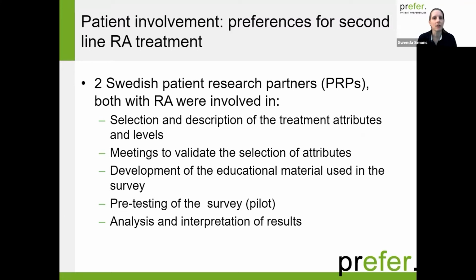The meetings to validate the selection of these attributes, the development of the educational material used in the survey, the pre-testing of the survey, so the pilot, and analysis and interpretation of the results of the various phases of the study.